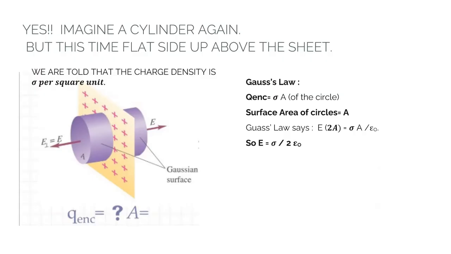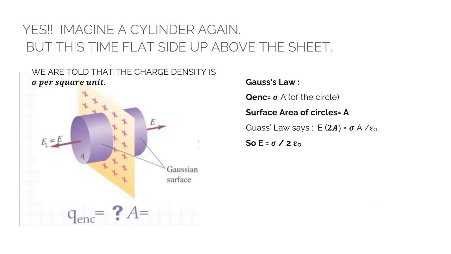The curved body. Well, remember, flux only cares about E fields that are perpendicular to the surface. The E field is crossing the circular flat sides of the cylinder. There are no E fields crossing the curved body. Okay, that makes life very easy.